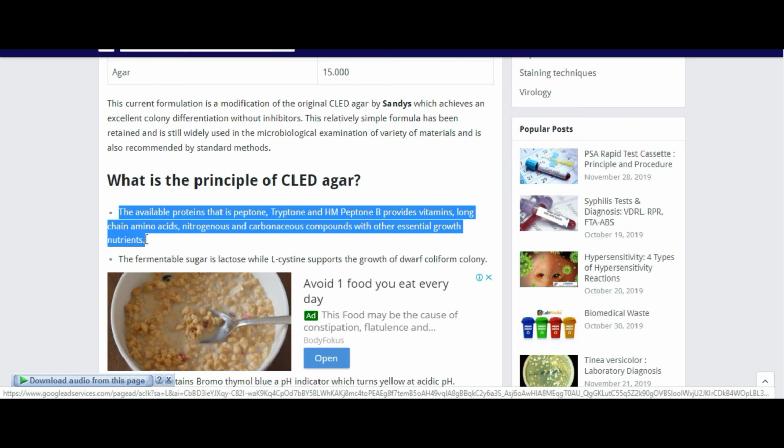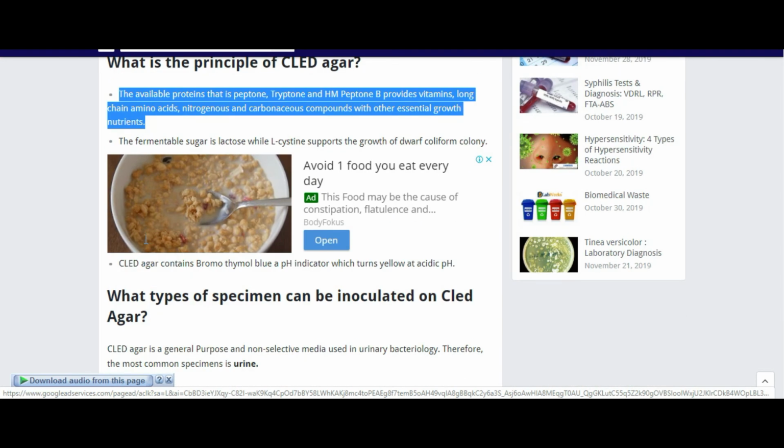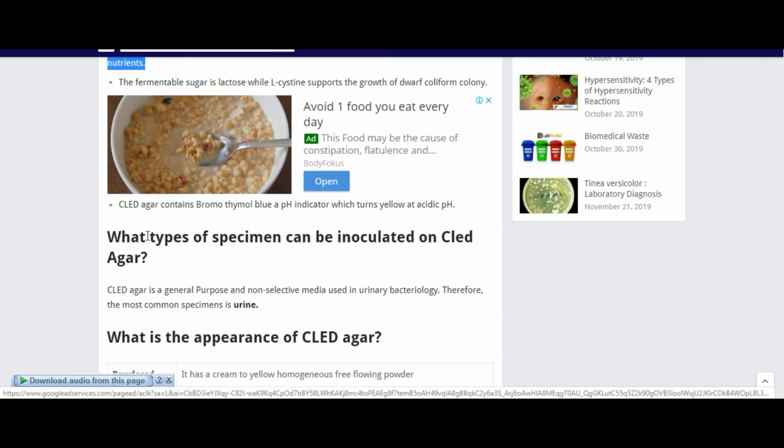Other vitamins and classes of nutrients are present which facilitate the growth of these microorganisms. It also contains sugar, that is lactose, which is fermented by some bacteria called lactose fermenting bacteria, and L-lysine, which supports the growth of E. coli or dwarf colonies. As earlier mentioned, bromothymol blue is the indicator and will turn yellow in an acidic pH.